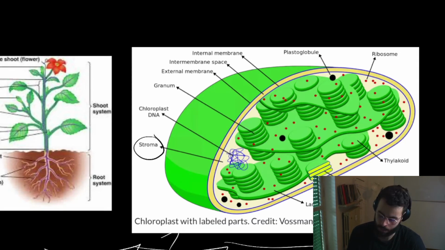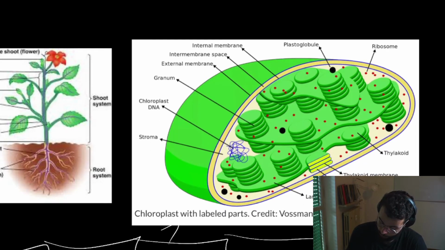Inside the chloroplast we have DNA. And if you remember, what other organelle actually contains DNA? The mitochondria. The chloroplast and the mitochondria are very similar also in their chemical reactions, as we are going to see in a minute. So we have the chloroplast DNA.